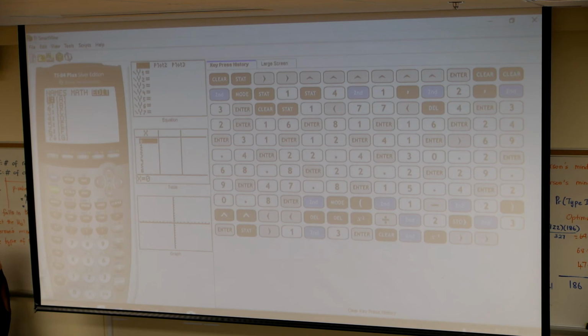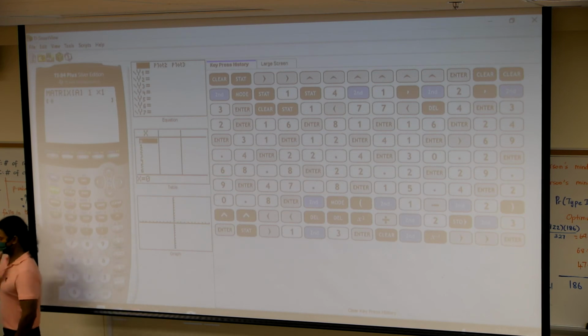So I'm going to go to the first one, and I want to specify the number of rows and the number of columns that we had in our problem. Matrix A would be the observed frequencies, matrix B would be the expected frequencies, and we're going to fill them in.